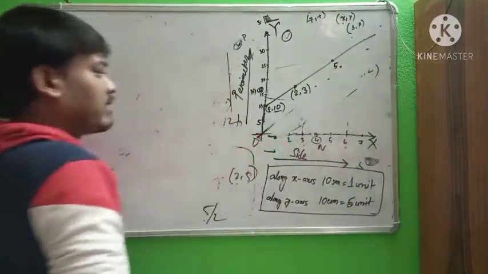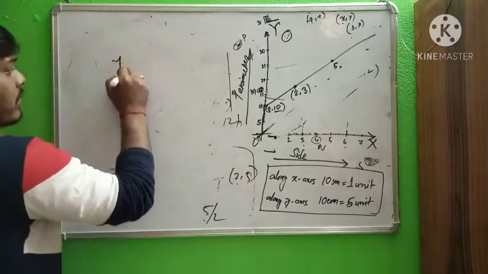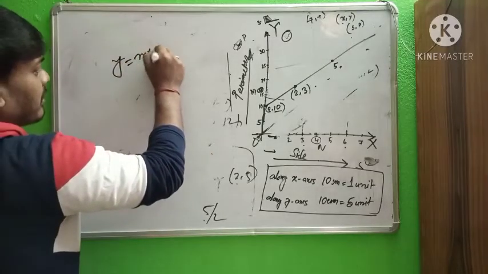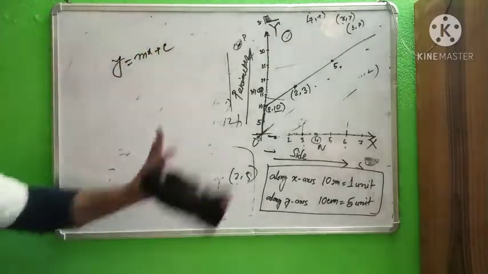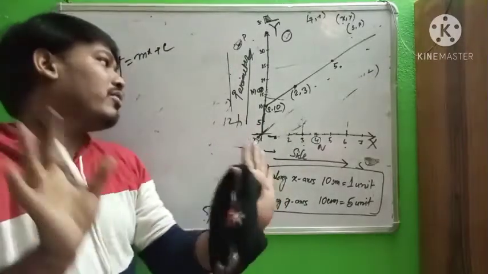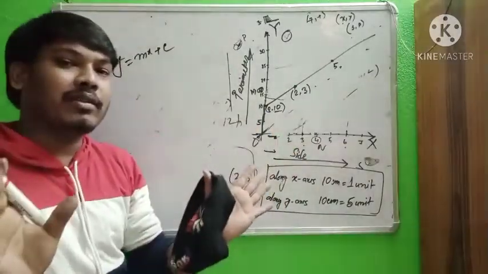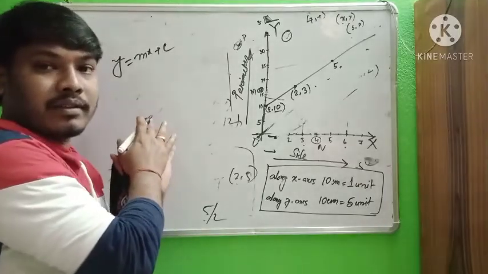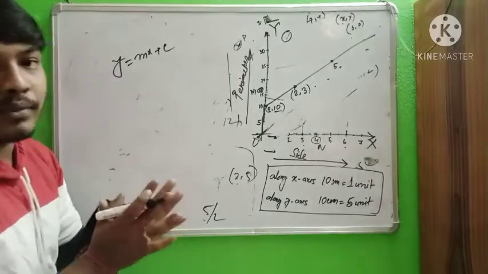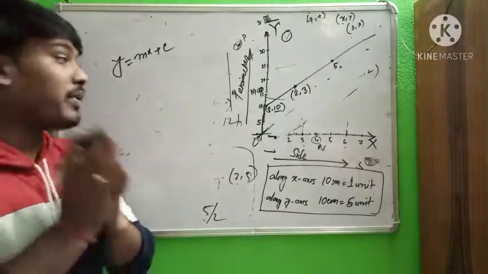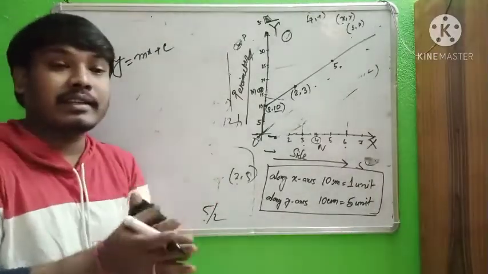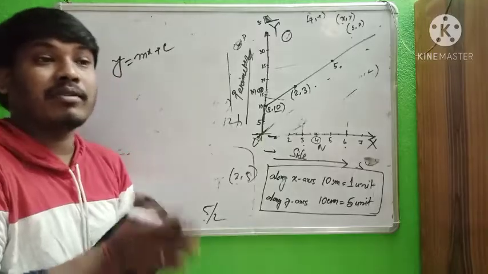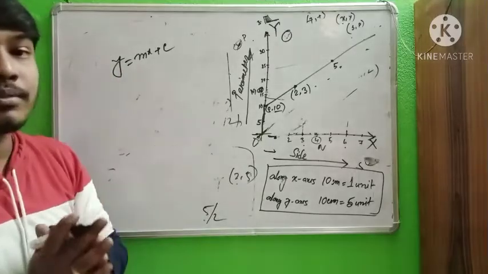So the equation is y equal to mx plus c. First, try to write the equation by comparing the values. The first two examples I have given this way. If you cannot find any relation between x and y by comparing, then you can use this process.